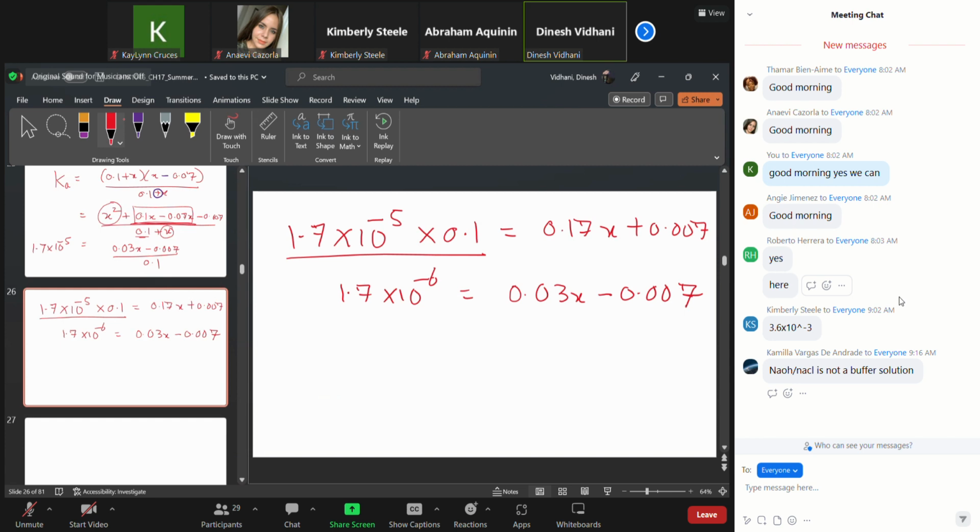Okay, so I can say 0.03x equals 1.7 times 10 to the power negative 6 plus 0.007. Can you find me this number now? Can you find me x? I think from here it is going to be quite simple for you.